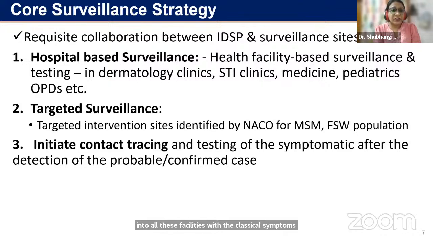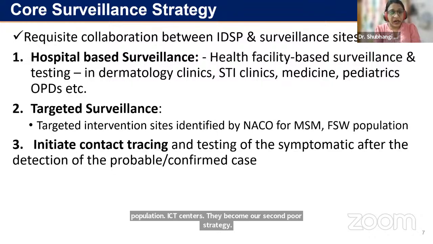The second strategy will be targeted surveillance. We've been talking about the route of transmission as sexual transmission, and targeted intervention sites which are identified by the NACO program for the MSM, FSW population, ICTC centers. They become our second core strategy for the surveillance.